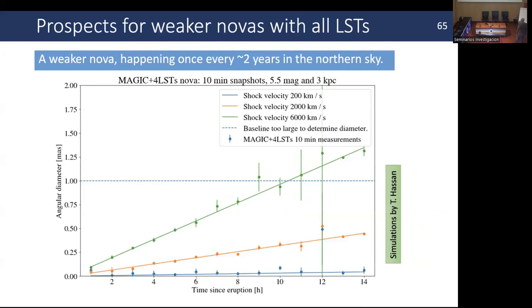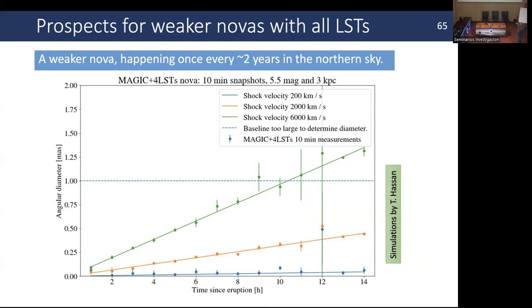This is actually the prospect for a weaker nova, because not every day you get T Corona Borealis. This is actually a once in a lifetime event, but for a weaker nova like a 5.5 magnitude nova 3 kiloparsecs away, assuming different expansion speeds, we would also be able to nicely measure the expansion speed with MAGIC plus 4 LSTs.